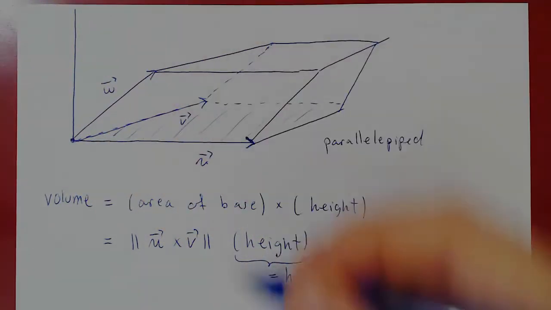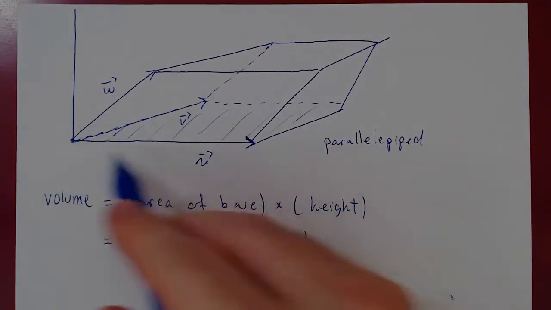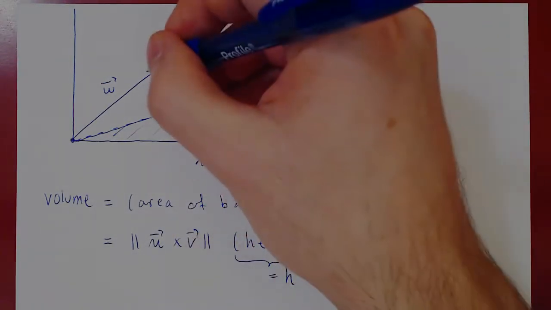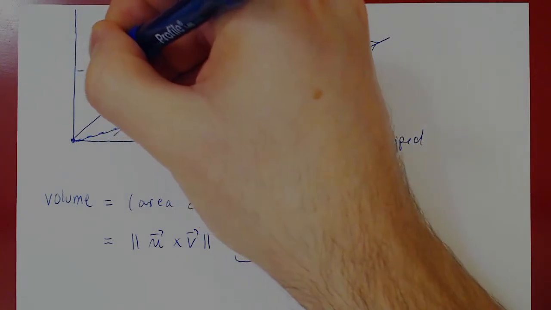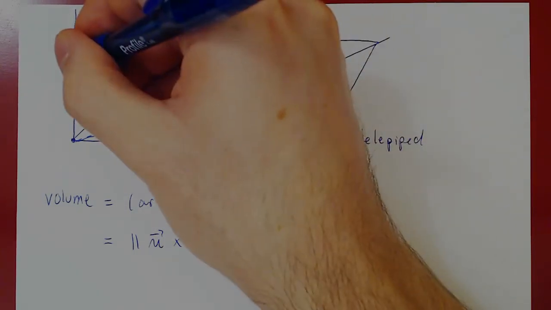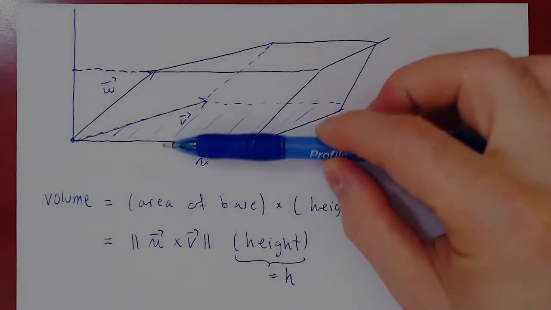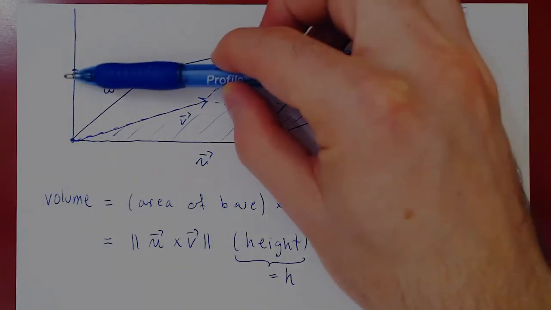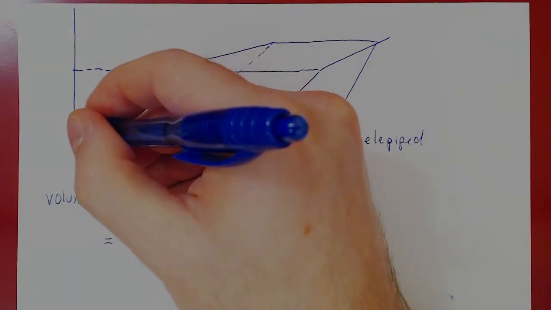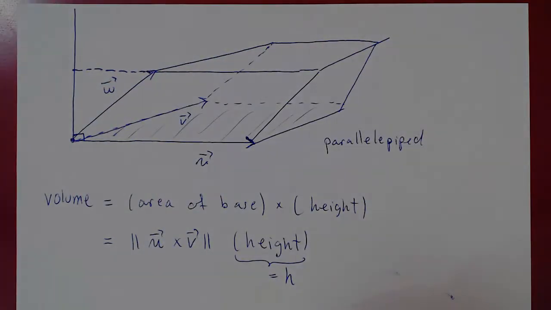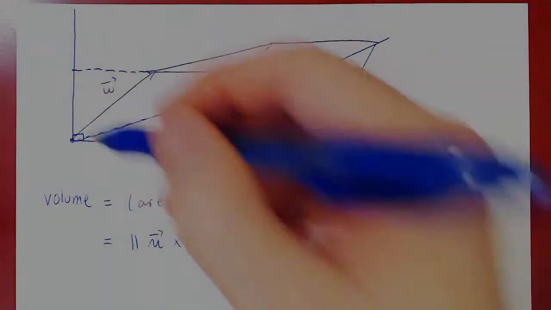So draw a line that is perpendicular to both vectors u and v, and you can see the height would be the length of this segment right here, right? The height of the solid is the length of this segment. And this meets the vectors u and v in a perpendicular form. The question is now, how do we find the length of this segment?